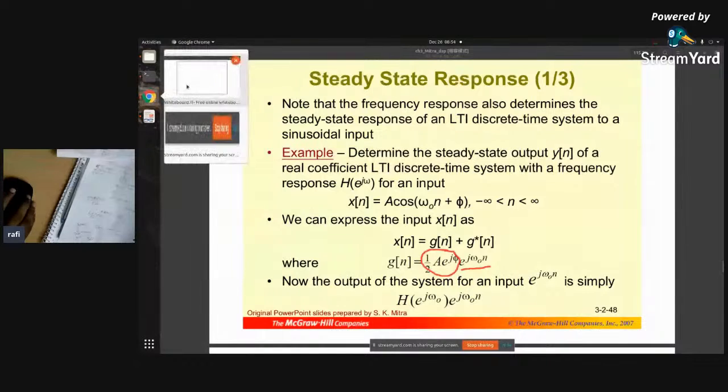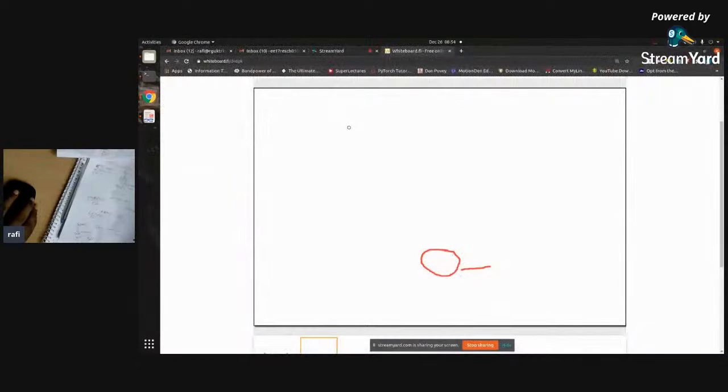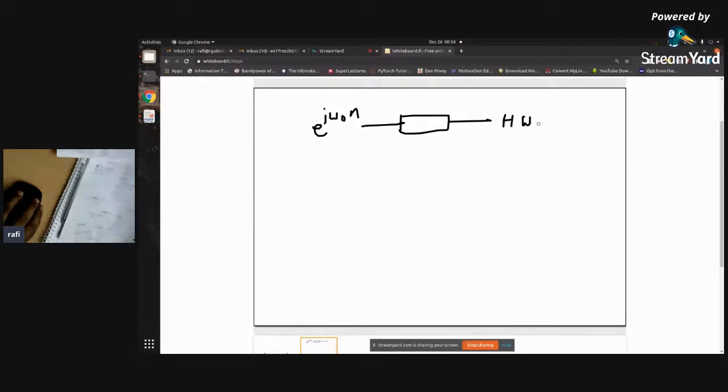So if you see here, we have an LTI system whose input is e power j omega naught n. The output will be h of omega naught into e power j omega naught n.